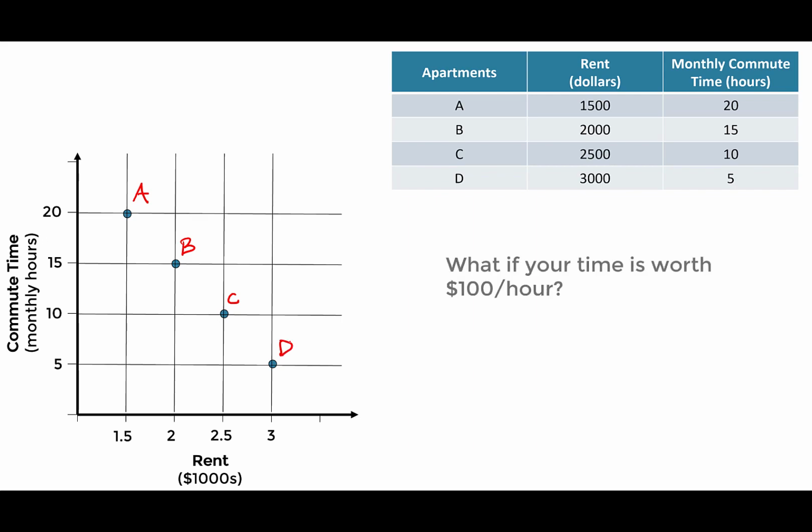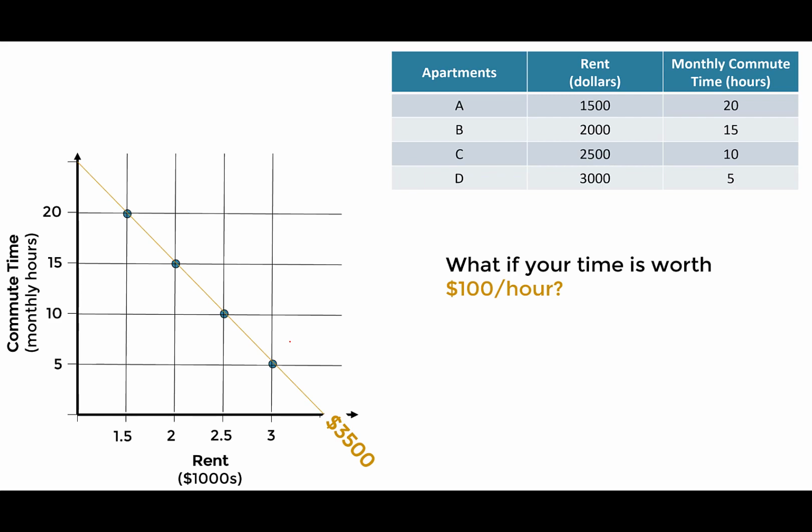All right. What if your time is worth $100 an hour? How does that represent itself graphically? Well, I'm going to start by putting this line here and putting $3,500 on it. And then we'll start talking about what this line means.